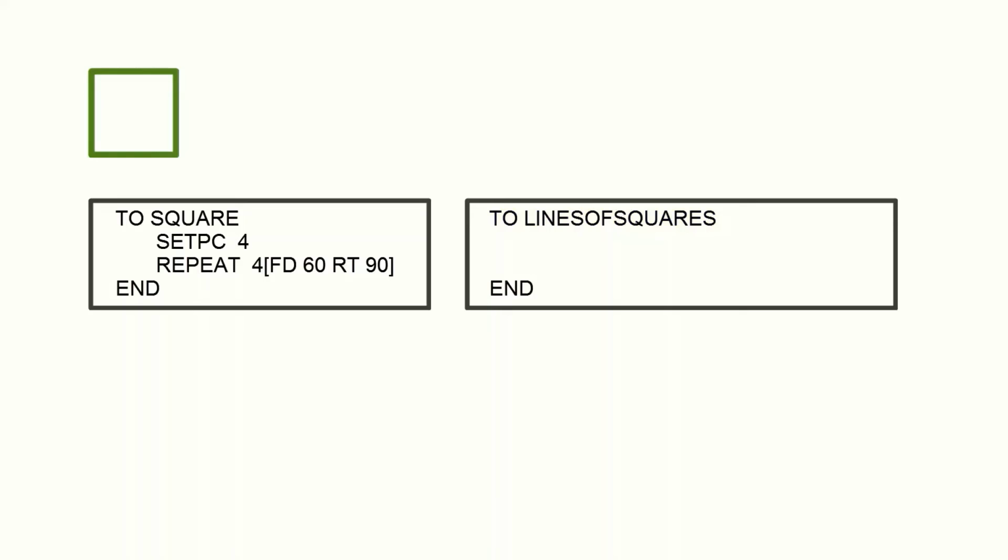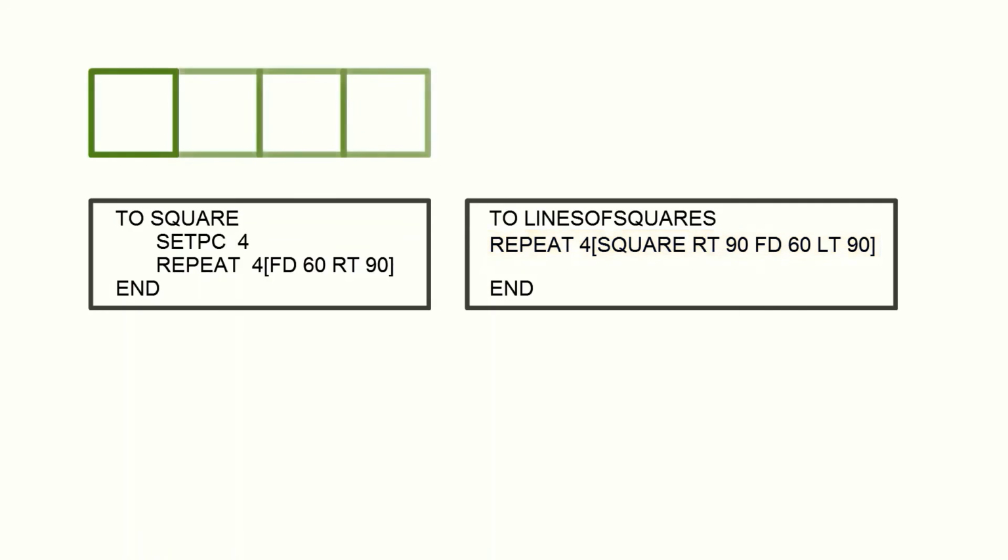Then, within lines of squares, add repeat 4, square right turn 90, forward 60, left turn 90. Test the lesson Lines of Squares by entering Lines of Squares in the listener window. Make additional changes, press Run, and test again. Review and discuss the process.